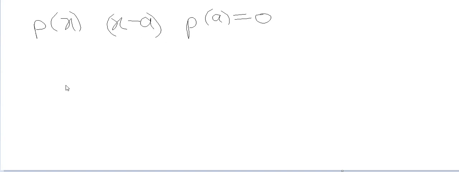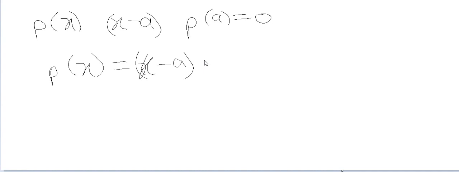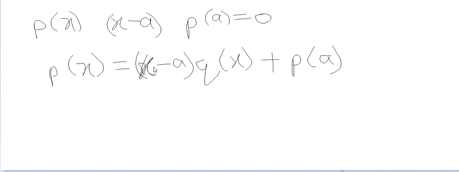The proof is simple and can be derived from the remainder theorem itself. The remainder theorem would say that p(x) is equal to (x minus a) times q(x) plus p(a), where q(x) is the quotient. So if x minus a is a factor of p(x), then the remainder must be 0, and the remainder is p(a).